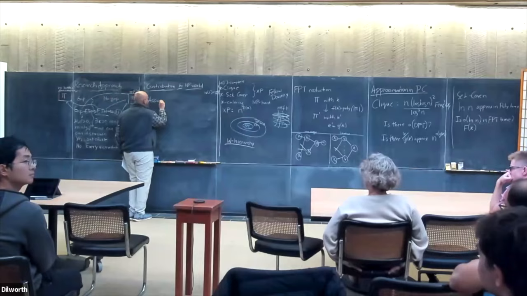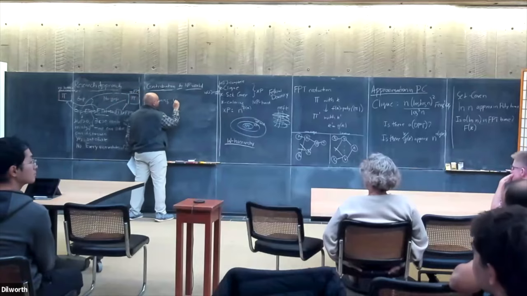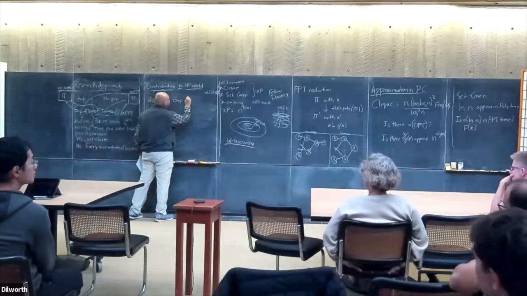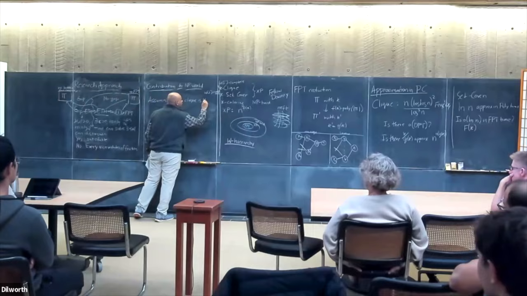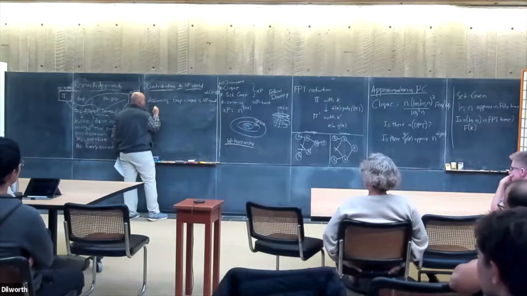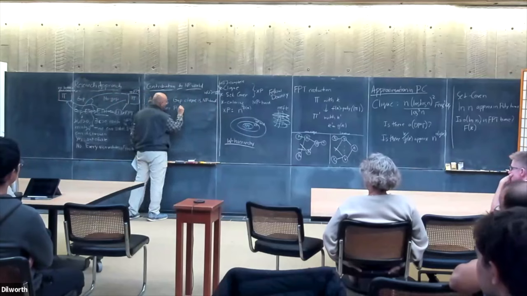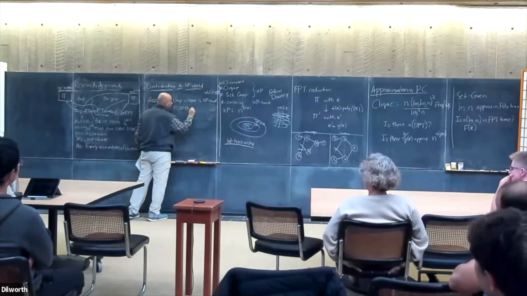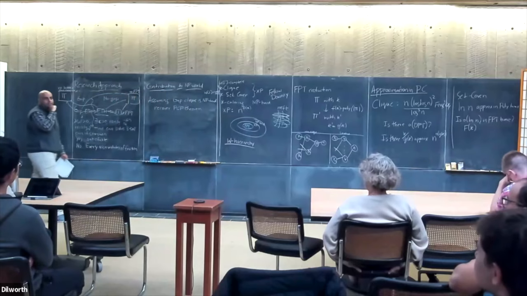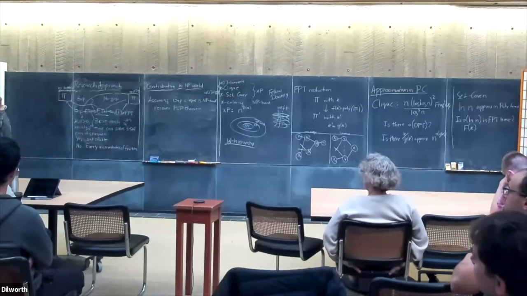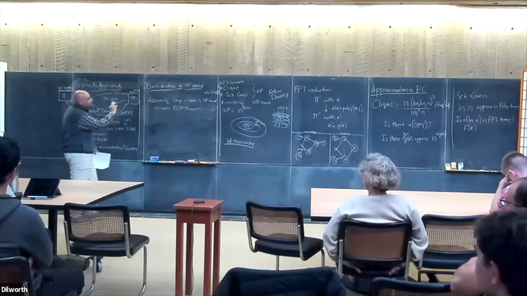Assuming gap clique is NP-hard, can you recover the PCP theorem? I'm saying 1 versus 1 minus epsilon for clique is NP-hard. Can you prove that gap 2-CSP is NP-hard?